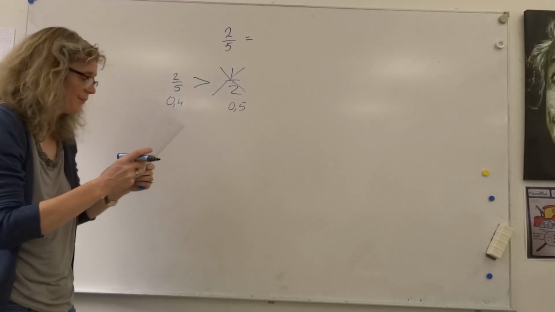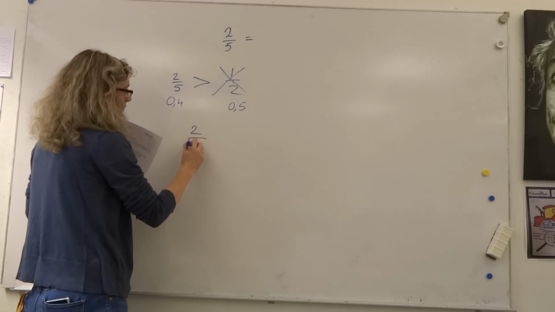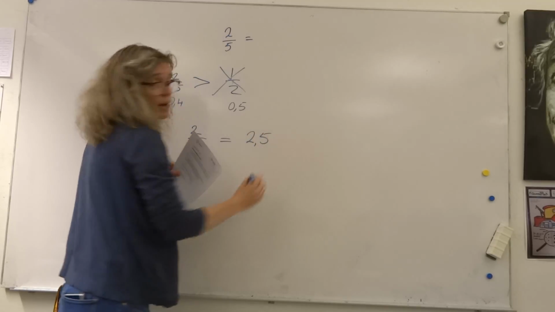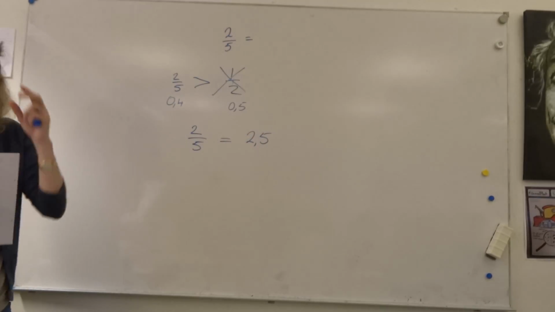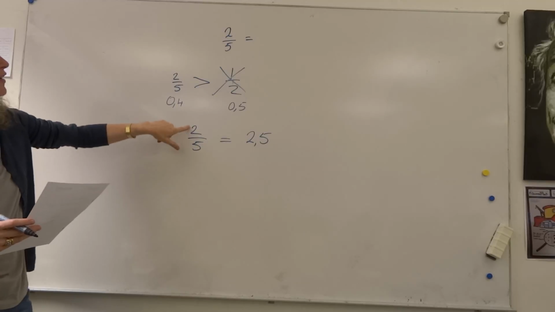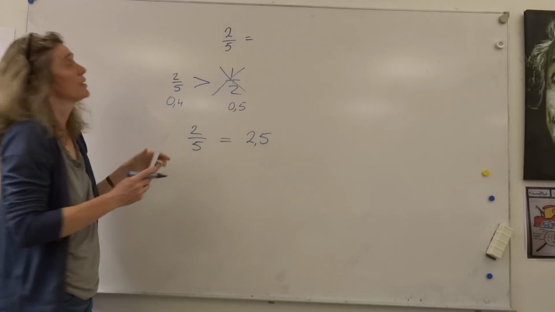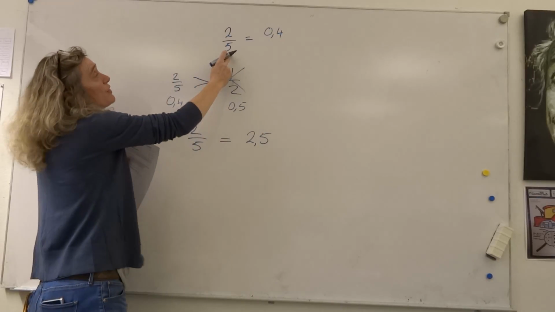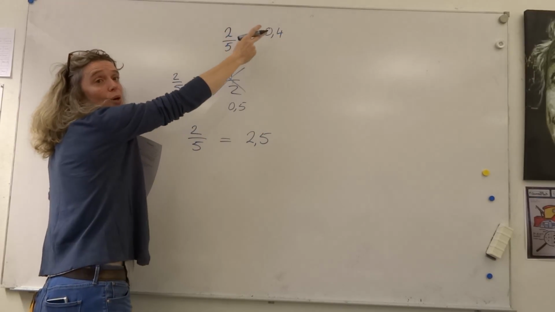Then it says, is 2/5 the same as the decimal number 2.5? Absolutely not. We know that 2/5 is equivalent to the decimal 0.4. How do we know that? We just divide 5 into 2 and we get 0.4.